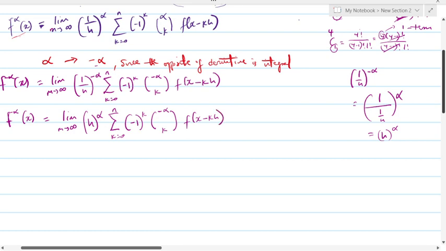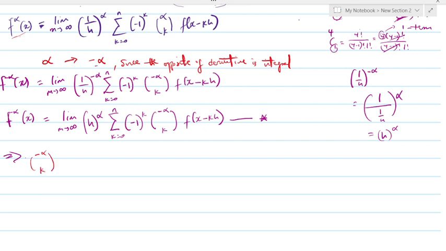So now let's bring out this combination and deal with it properly. Let me make this one equation star. So we have minus alpha combination k.